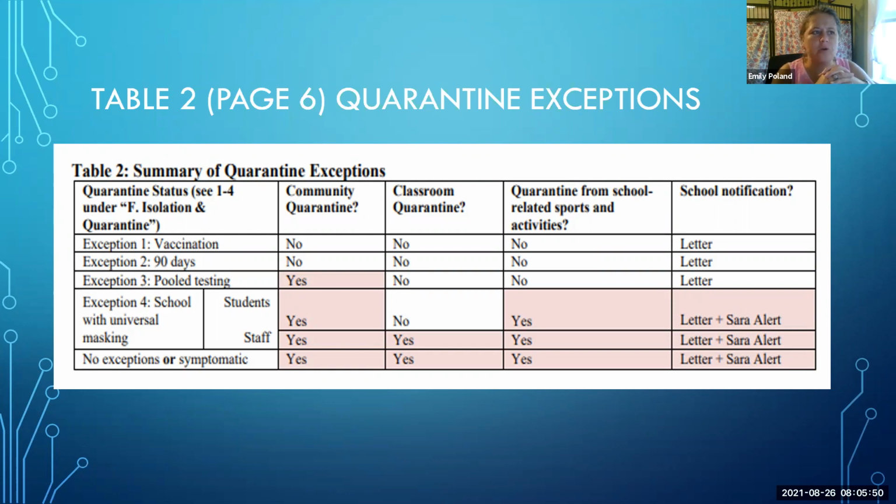We've gotten questions about whether or not we can treat them like a school program, and the answer is no. So the pooled testing participants, they can participate in after-school programs if that close contact was from a school exposure. If that exposure happened during a community sporting event, that exception does not apply. They would need to quarantine from school and all school activities.